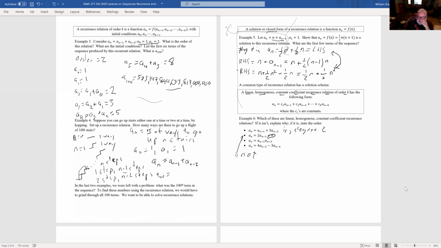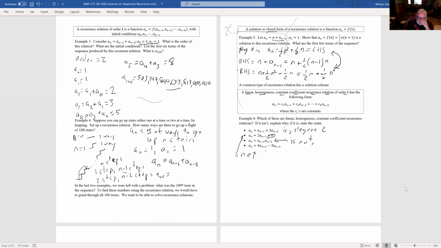The plus n is the problem. I'm not allowed to have the variable all by itself. The third one is not of this form. Can't multiply terms together. I have a_{n-1} times a_{n-3}, and I have to have them separated by plus signs.